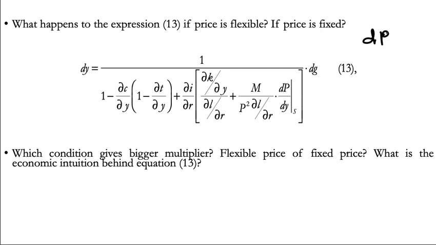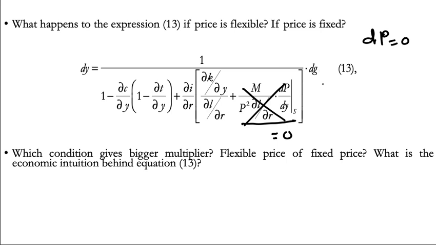When there is no change in price, dp is equal to 0. When dp is equal to 0, the whole terms after the plus sign here will be equal to 0 as well. Then, the multiplier in 13 will be equivalent to dy equals 1 over the whole thing in the denominator except this term, multiplied by dg.